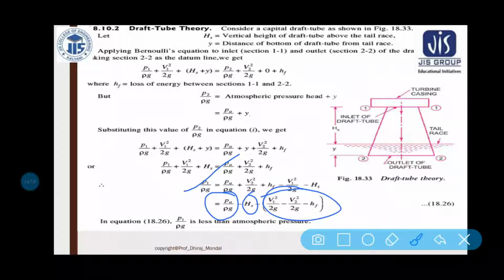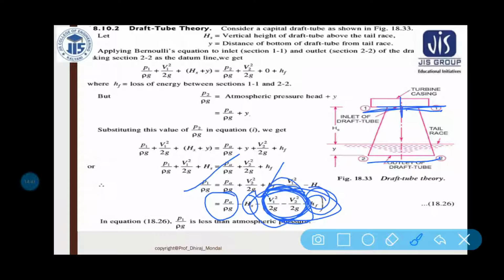Now you see V1 and V2, V1 square by 2g and V2 square by 2g. Hf has some positive value, Hs has some positive value. This part will be positive because it is a change of head.